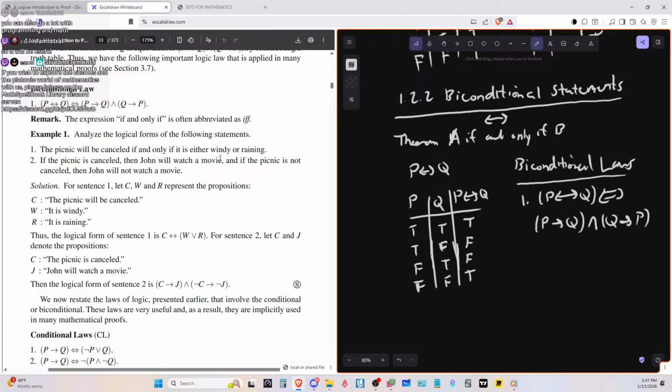If and only if it is either rainy or windy. So we have two statements here, whether it's windy or rainy. The picnic will be cancelled. First, I'm trying to think of constructing a bit of a logical framework like this.